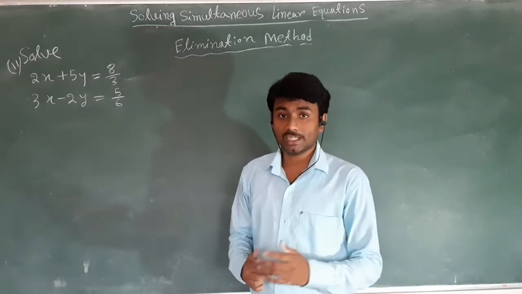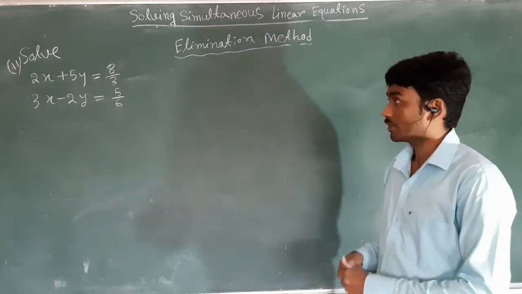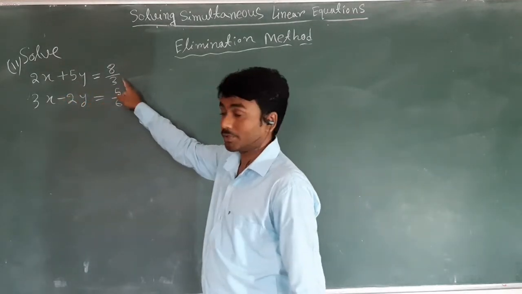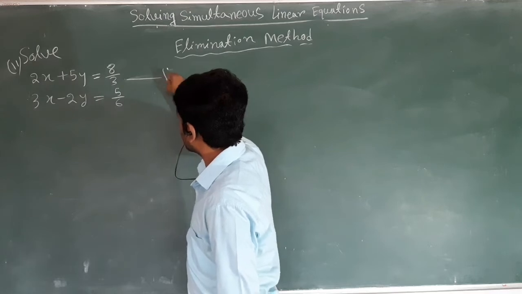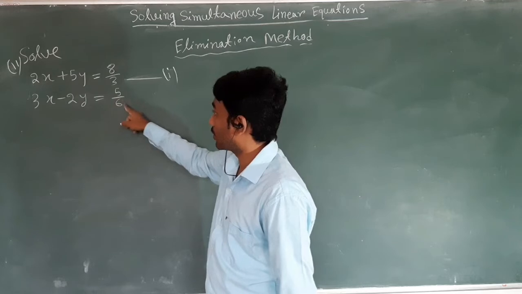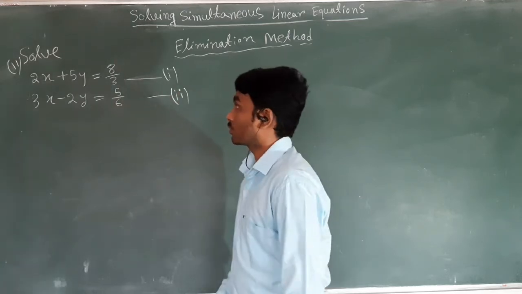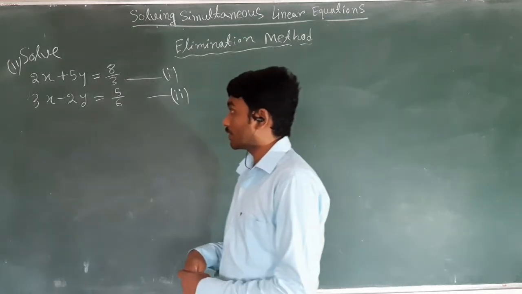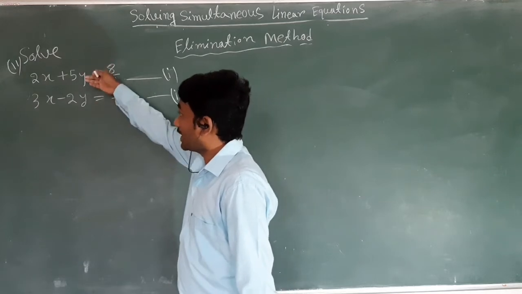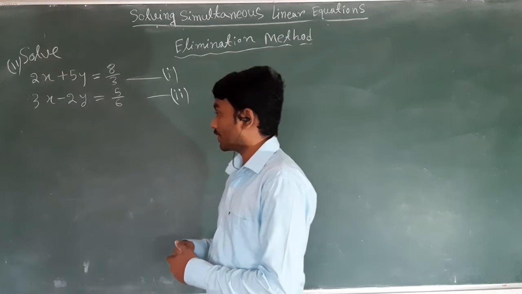I will give you another example to understand elimination method. Question number 11, solve 2x plus 5y equal to 8 upon 3 gives equation 1, and 3x minus 2y is equal to 5 upon 6 is second equation. So from the given two equation, it is clear that y has different sign in two equations.